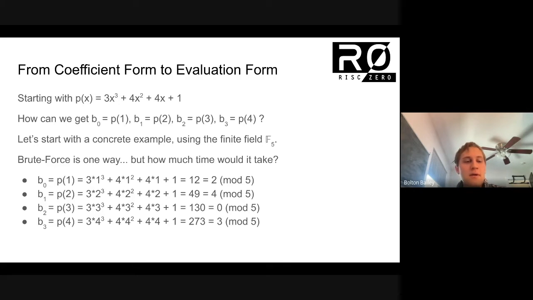For each and every one of these evaluation points, there are 4 different numbers to raise to a power, 4 different multiplications to do, and there are 4 different evaluation points. We're doing at least 16 multiplications right there. It's basically the square of the number of coefficients that we started with.